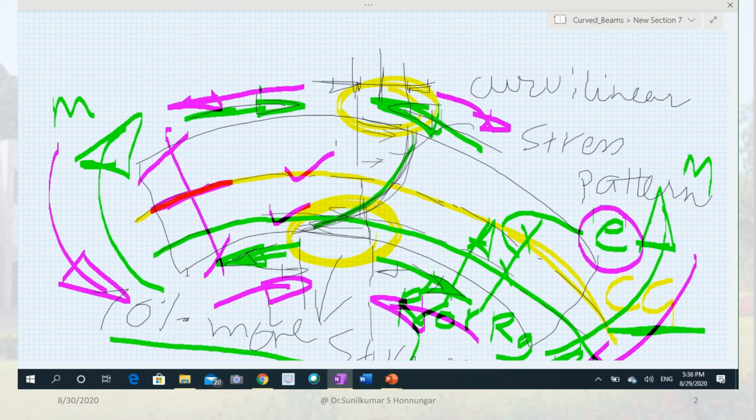Of course, B is not there because it is bending in that context, so they have used only sigma I and sigma O; both are bending stresses only.